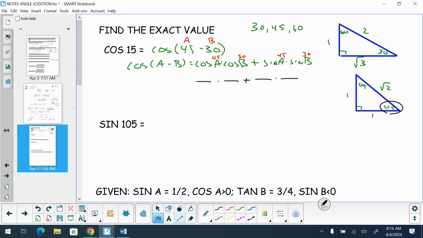What's cosine defined to us as? Adjacent over hypotenuse. So what's adjacent? What's hypotenuse? 1 over square root of 2, which rationalizes to what?